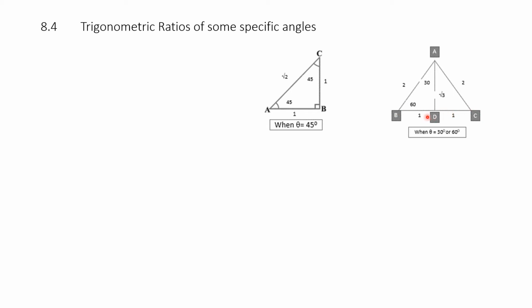Now, each internal angle of this triangle is 60 degrees. That is angle B is 60 degrees, angle A is 60 degrees and angle C is 60 degrees.